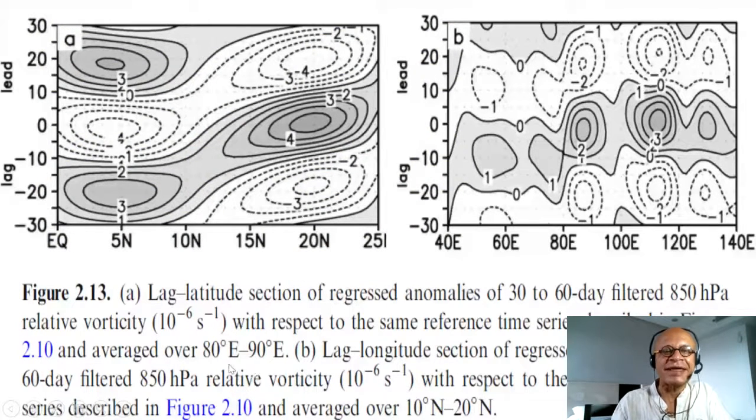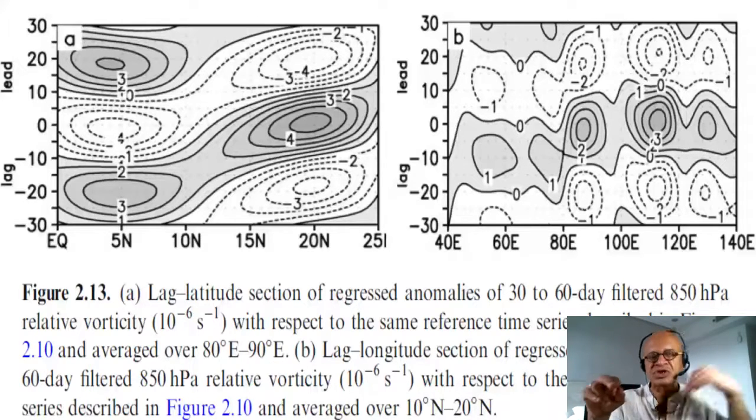It's averaged over 80 east to 90 east, so it still remains predominantly on the Bay of Bengal. That's where the most active northward propagation happens, and then you get the low pressure systems and monsoon depressions bringing moisture into the core monsoon zone, in addition to the mean circulation from the southwesterlies and the backflow from the Bay of Bengal. Just keep that in mind.